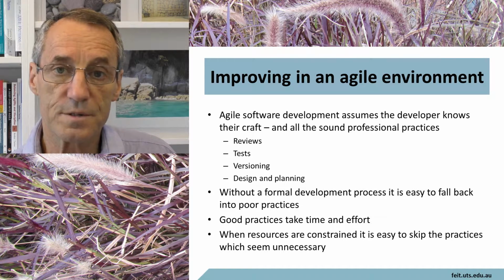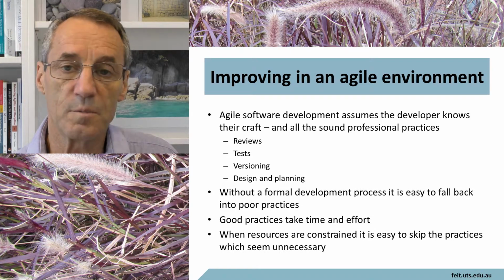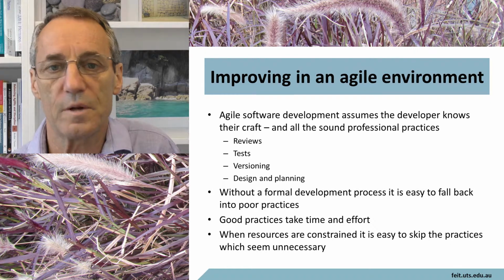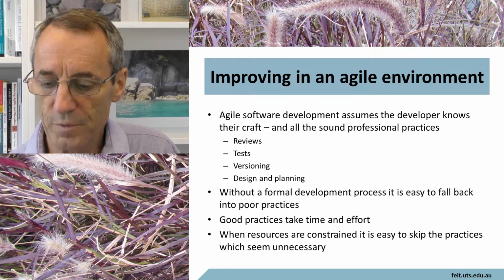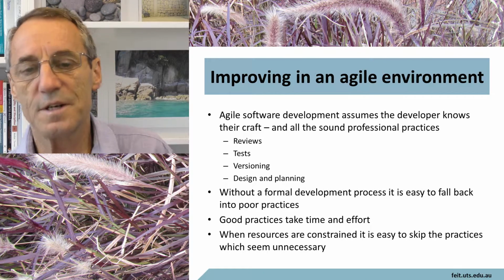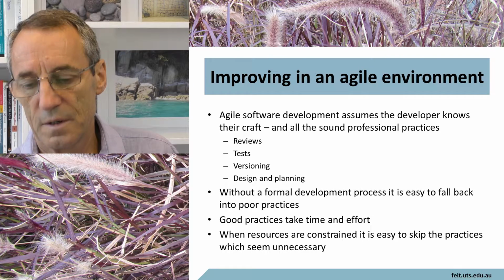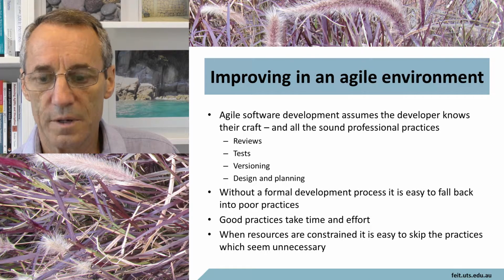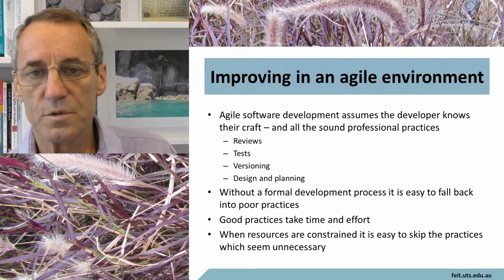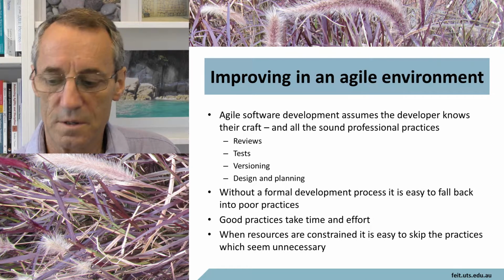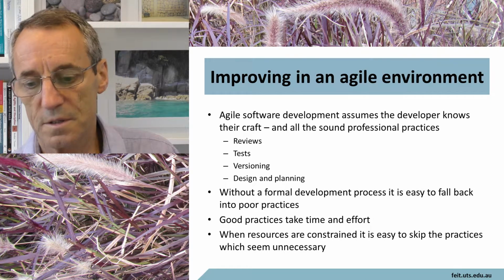They know about tests, they know about versioning, they know about designing and planning. So they're a professional software developer, they know their stuff. Without a formal development process, it's easy to fall back into poor practices. We see this quite a lot. Good practice takes time and effort. When resources are constrained, it's easy to skip the practices which seem unnecessary.